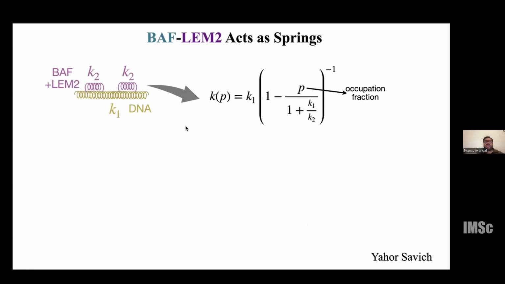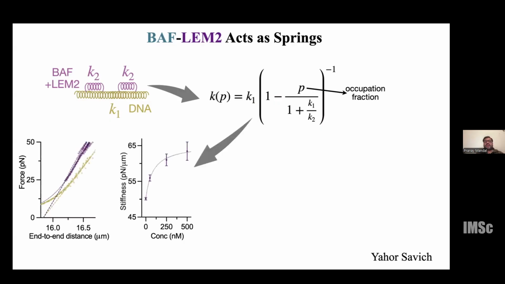We went on to model this whole system as springs in parallel or series, where the DNA is a series spring with stiffness k1, and BAF-LEM2 comes from the side and acts as a spring in parallel. It effectively increases the stiffness of the DNA, and that is reflected in this model. That depends on the occupation fraction, which depends on the concentration.